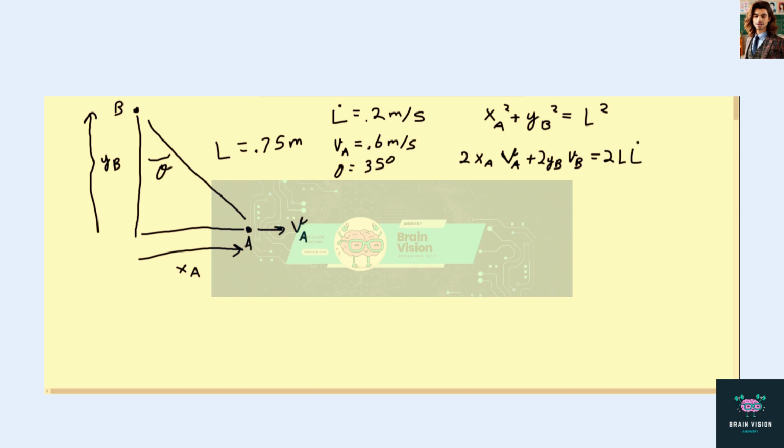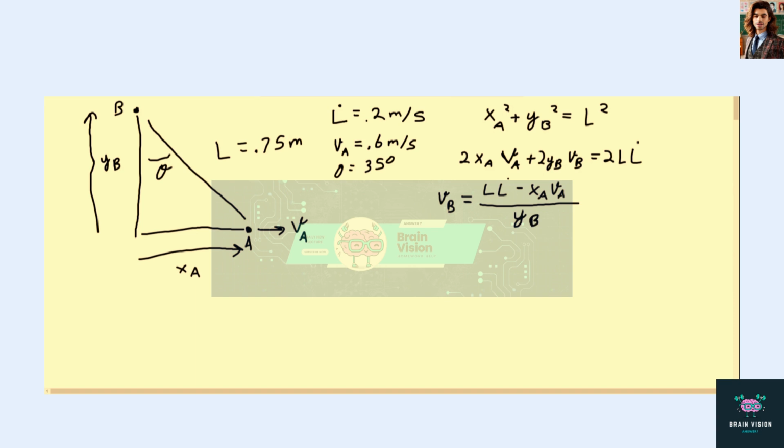If you'll notice, we've gotten a lot of the information we need here. We can solve this for that velocity of B that we're looking for in this problem. So the velocity of B will just be L L dot minus xa va, and then this is divided by that position yb.